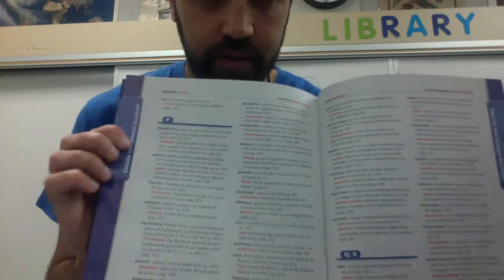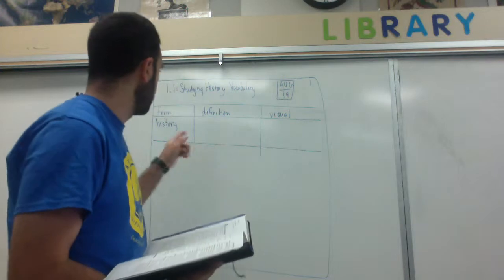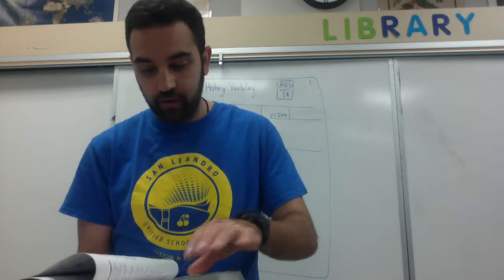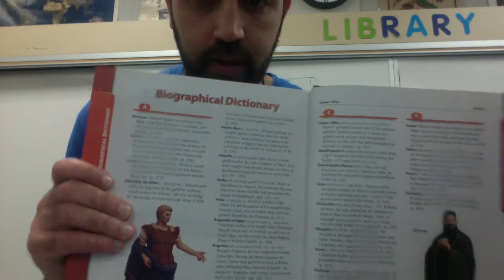It says the English and Spanish glossary. See there? That's where you can find all the terms, with the exception of people. If you've got a term that's a person, you're going to find those definitions in the Biographical Dictionary, which looks like this, okay? But I always want you to go to the back, when you're defining your terms, go to the back, either the glossary or the Biographical Dictionary.